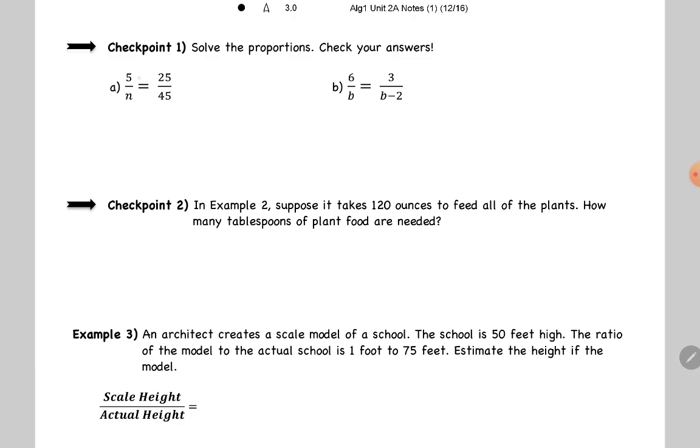Okay. I noticed that on this side I can reduce this, so I'm going to reduce first. Always try to simplify first. These can both be divided by 5.